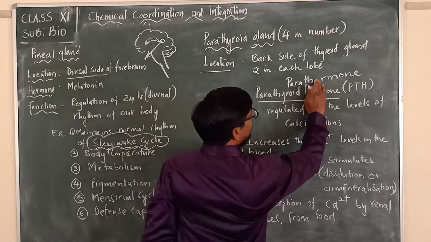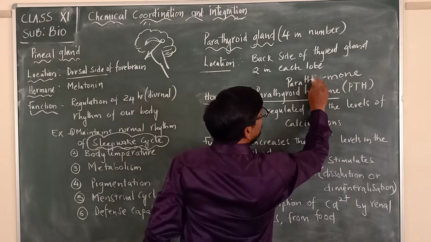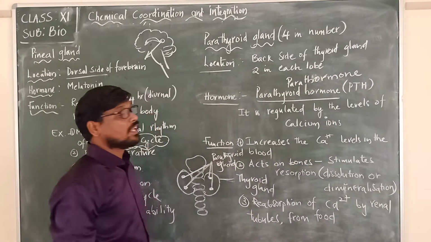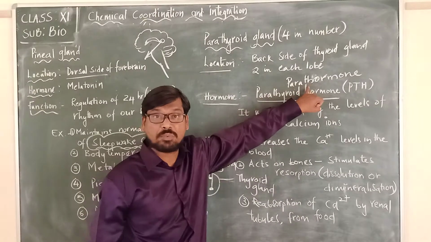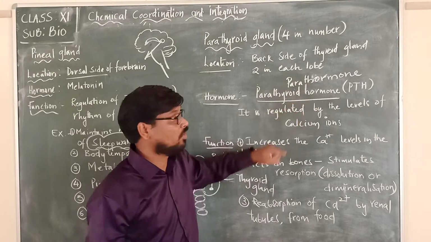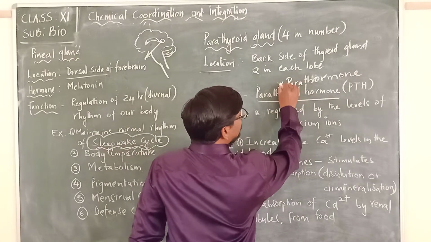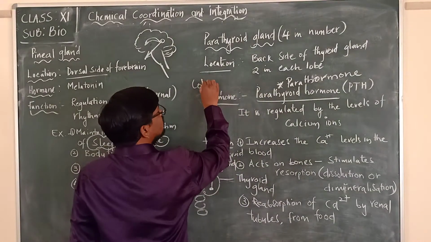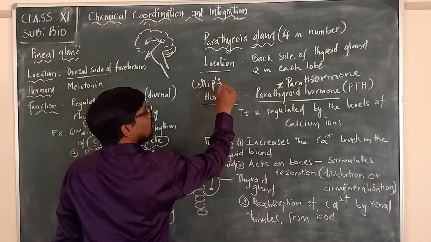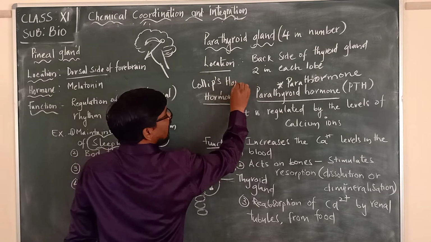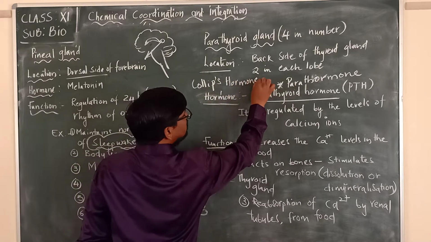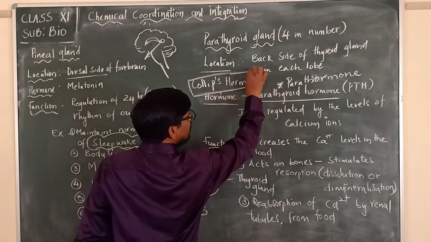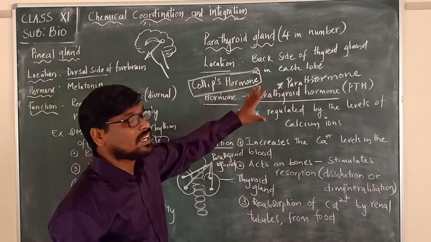Please remember this. Parathormone is another name for the parathyroid hormone. Otherwise, there is another name for this particular hormone called Collip's hormone. Please remember this word also. This parathyroid hormone is also called Collip's hormone.